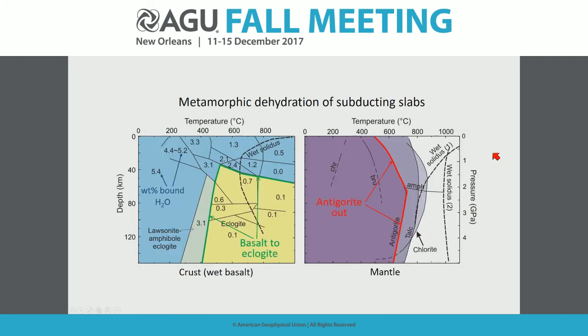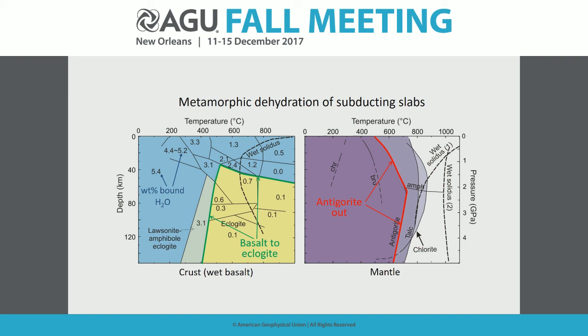As subducting slabs move down, the increase in pressure and temperature causes metamorphic reactions, and hydrous minerals will dehydrate, and the crustal metabasalt will eventually be transformed to eclogite.